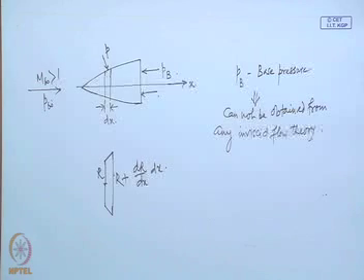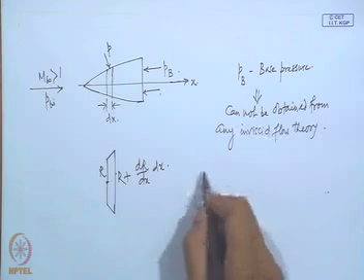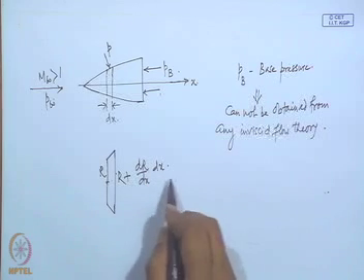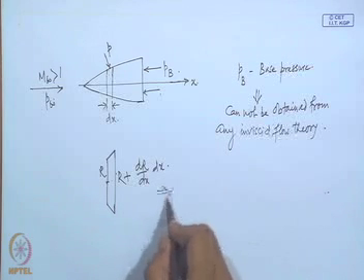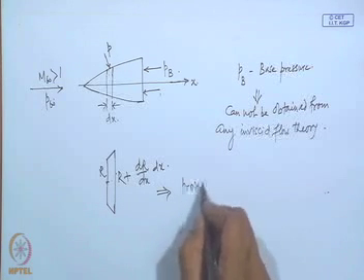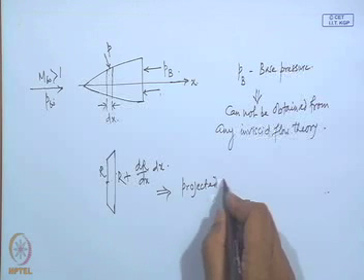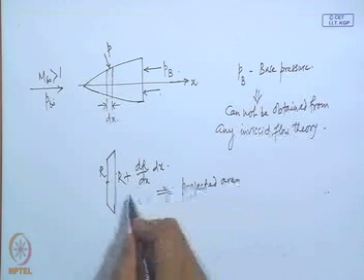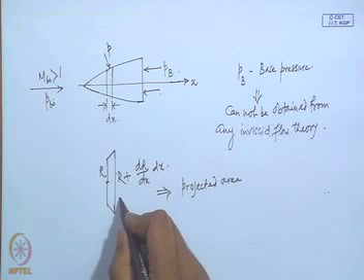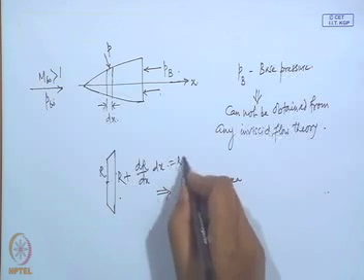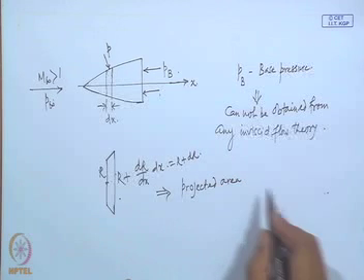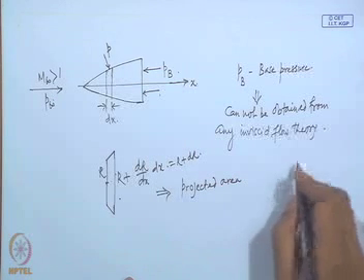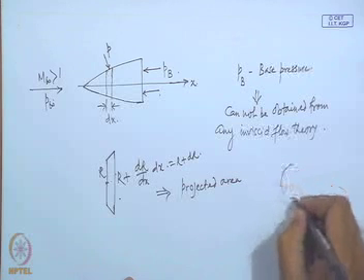And projecting it on a plane, we get the projected area, which looks like two concentric circles.